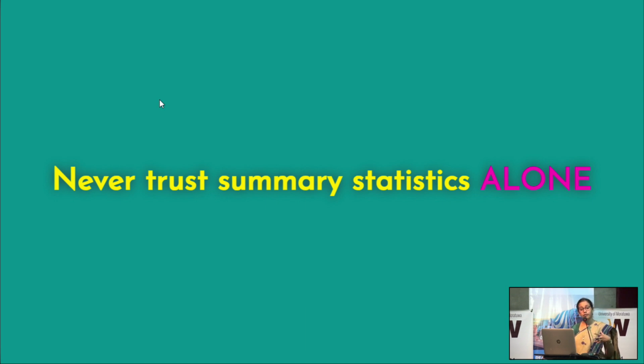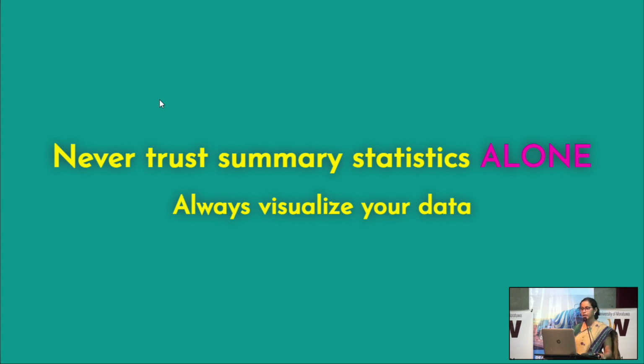There are ways of representing your data: in exploratory data analysis, you have tabular representation, graphical representation, and summary statistics. Don't just rely on the summary statistics. Always visualize your data. You will see lots of interesting patterns. So the key takeaway of this data set is never trust summary statistics alone. Always visualize your data. I think now I have given you enough motivation for the importance of visualizing data.